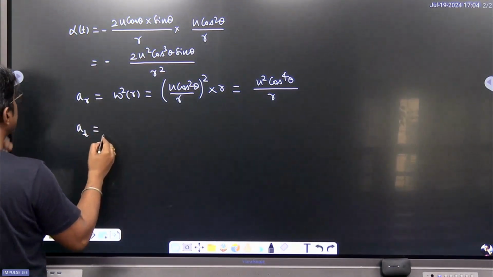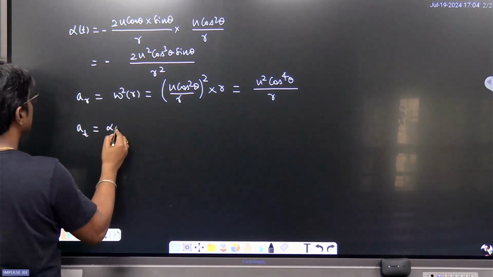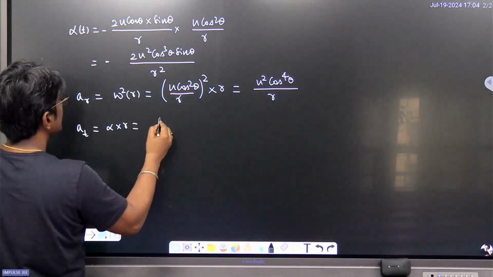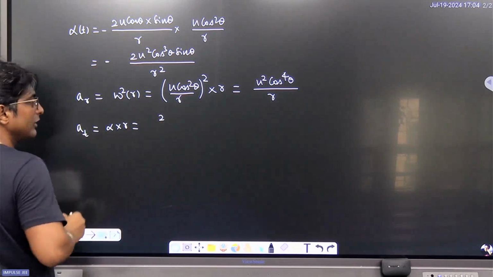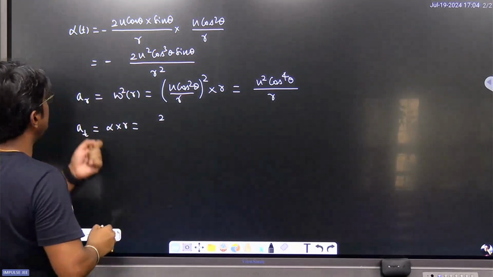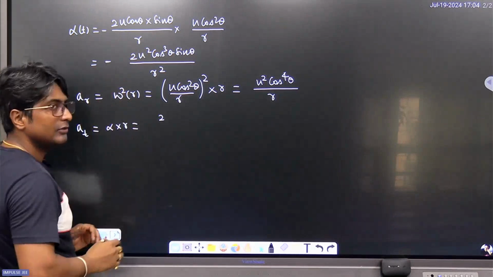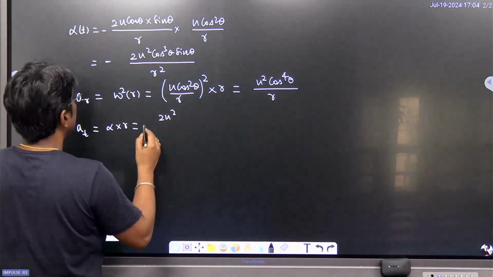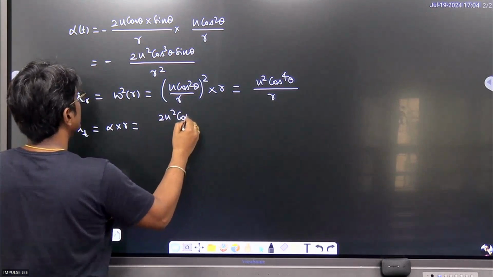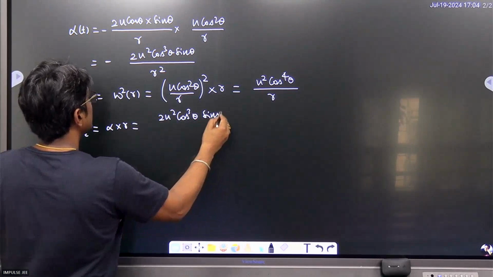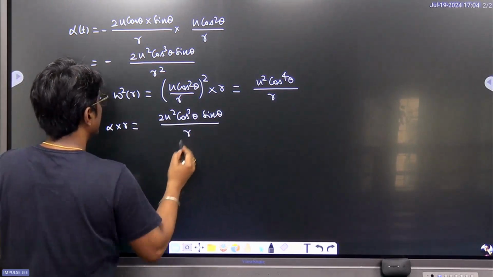Similarly, tangential acceleration we can write as alpha times r, where I am taking the absolute value, modulus. The negative gives only the direction, so I am not taking the negative into account here. So we can write 2u square cos cube theta sin theta by r.